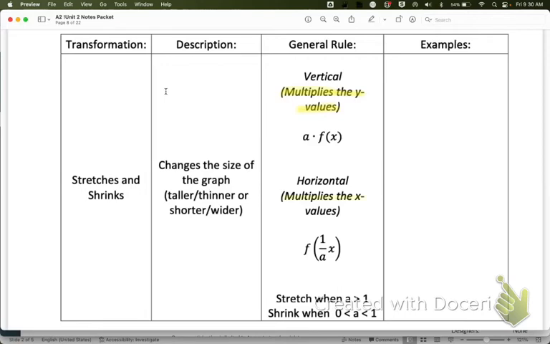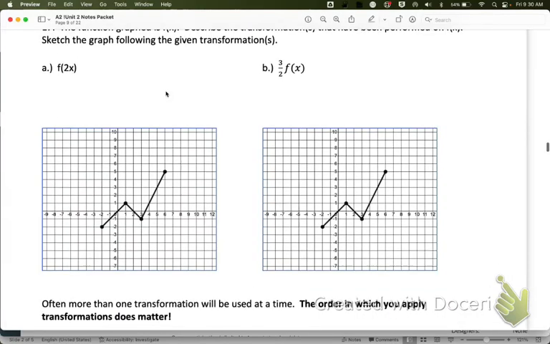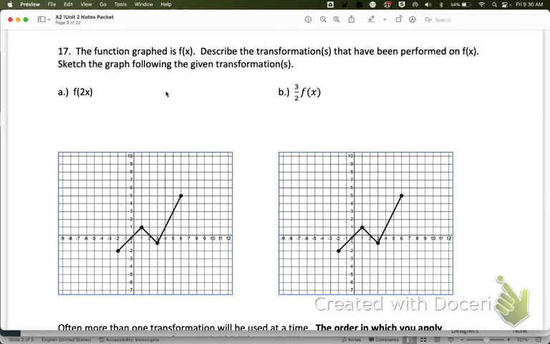If you have a horizontal stretch or shrink, that's going to multiply the x values of your function. And so that's exactly how we're going to apply it here on our own. So we have the function graphed as f of x, describe the transformations that have been performed based on the function given, and sketch the graph of the new function following the transformations.